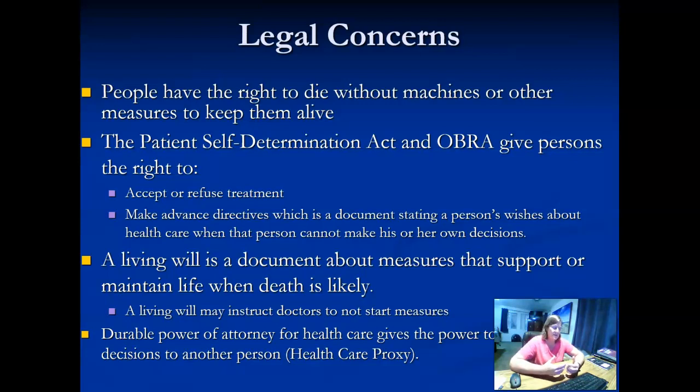So they can make an advance directive letting people know what their wishes are should they get into a place where they're dying and they can't make their own decisions. And they can also do a durable power of attorney for health care, where they can pick a person to make decisions for them as well, if things are changing, and they'll put somebody in place of their healthcare choices if they can't do it themselves. So people have the right to accept or refuse treatment, as I mentioned.